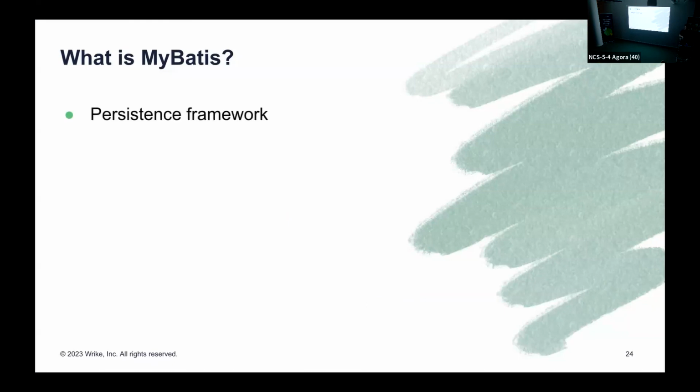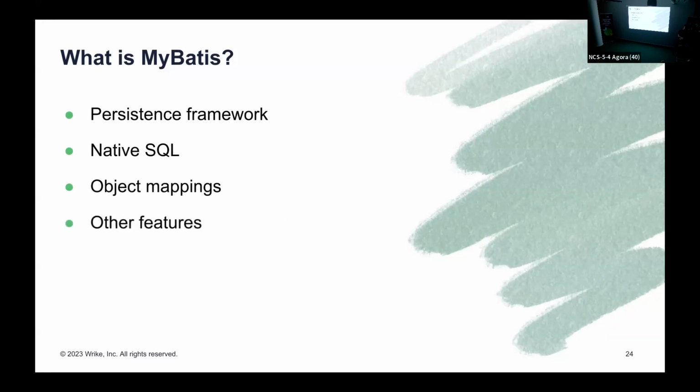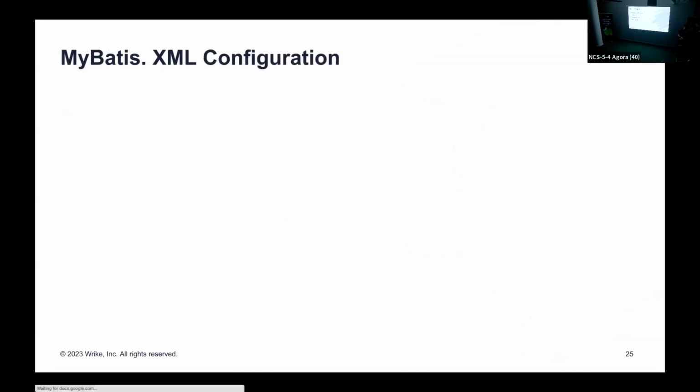What is it? It's another persistence framework for working with relational databases. Working with MyBatis, you're working with native SQL, and MyBatis handles all the job with the JDBC. Plus, it can map from SQL results to objects and has several other features which are not important right now.